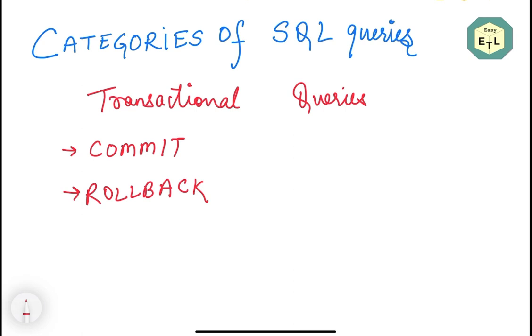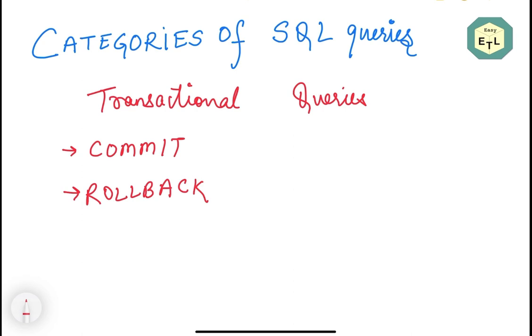That means if it fails in any step in between, we do not want any of those changes to affect our table, right? We just want to make sure that if all the steps within that transactional query finish successfully, only then we want to commit those changes into the table, right? So commit helps us to save the changes made during the current transaction.